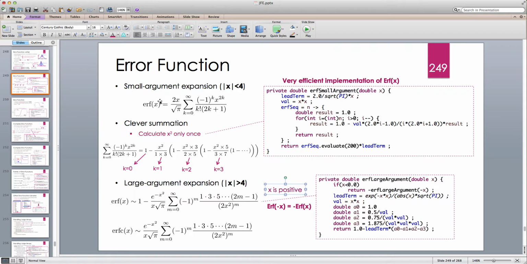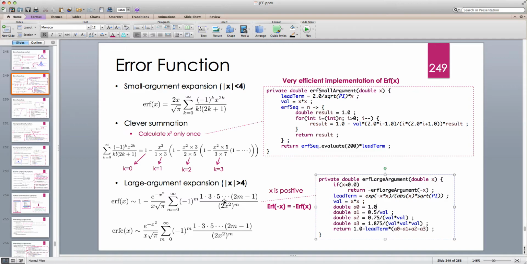So for negative x, we don't use this series, we just use the fact that the error function is an odd function. So the error function of minus x is minus the error function of x. So for large argument, we put this test in the beginning. If x is negative, we calculate minus the error function of minus x. And now minus x is positive because x is negative.